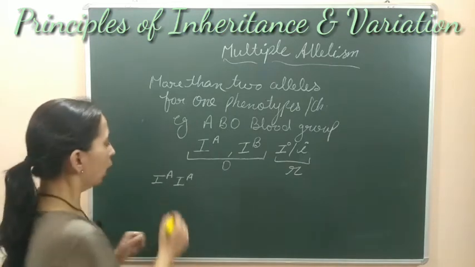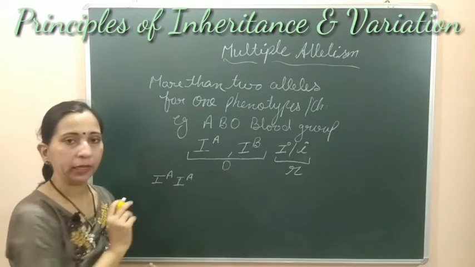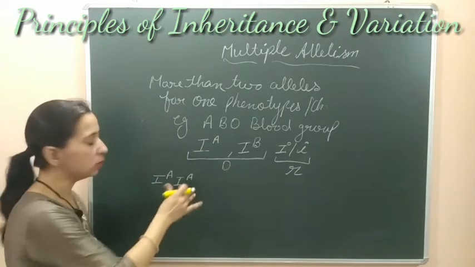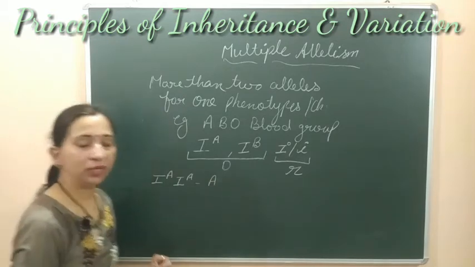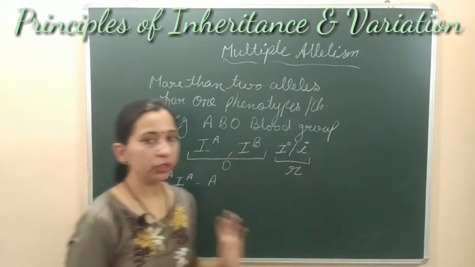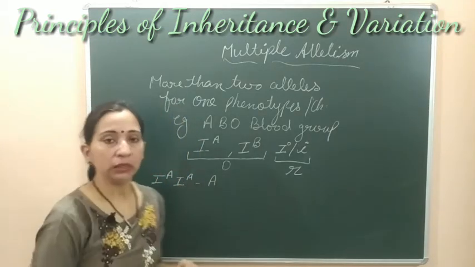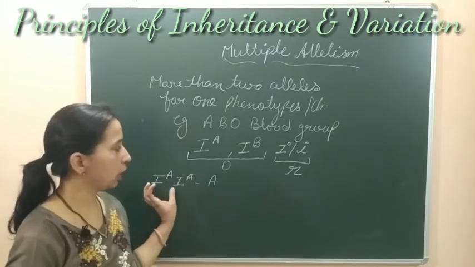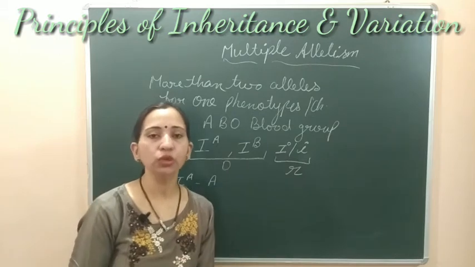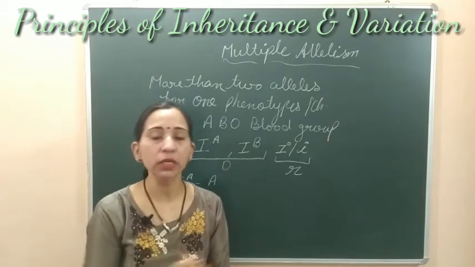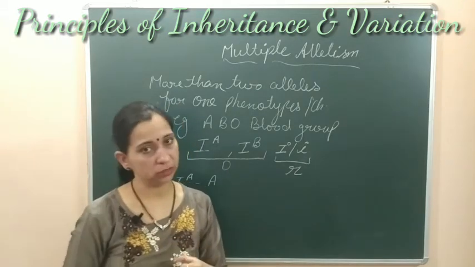If IA and IA, both dominant alleles, come together, at that time the blood group will be A. The reason we already discussed, but we need to understand it here also: this gene IA is responsible for the formation of a specific type of glycoprotein in the human RBCs.